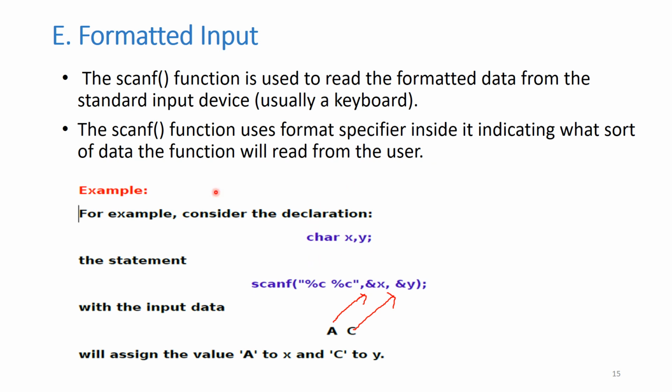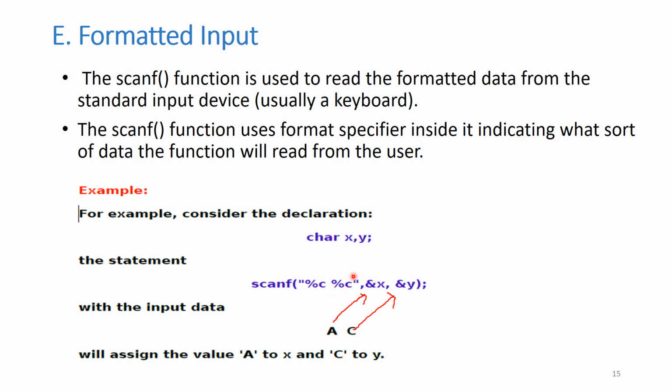Here in this example, two character variables are declared. The data type char x, y; two character variables are declared here. And in the scanf statement, you can see that the format specifiers of x and y are mentioned.